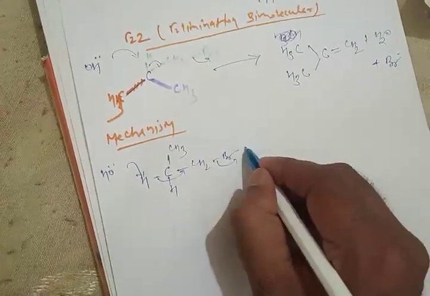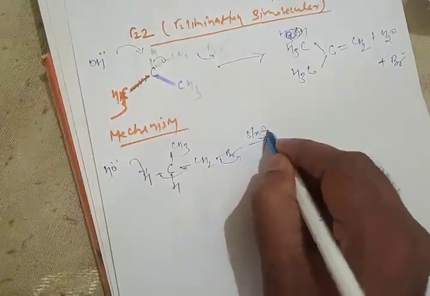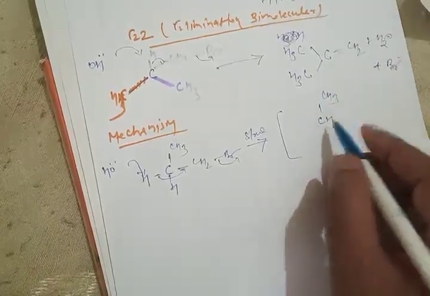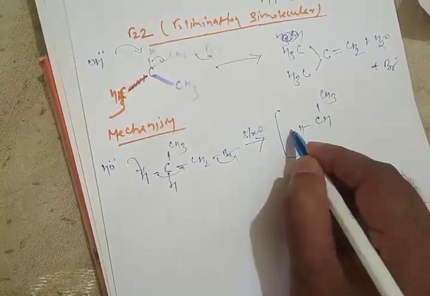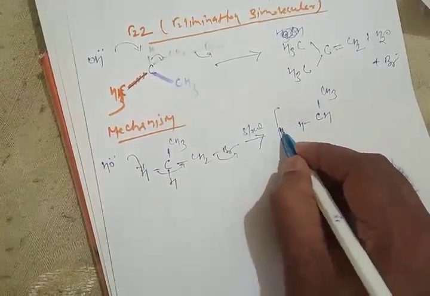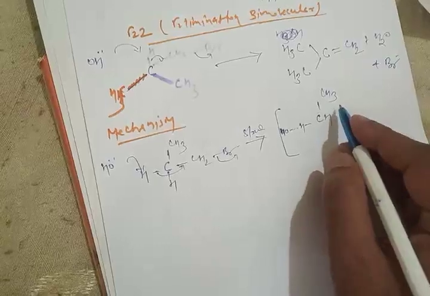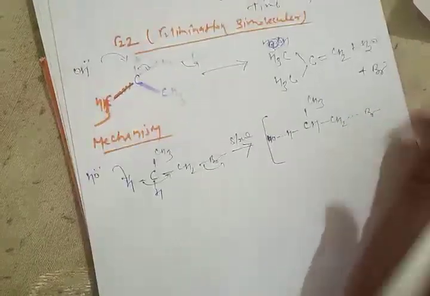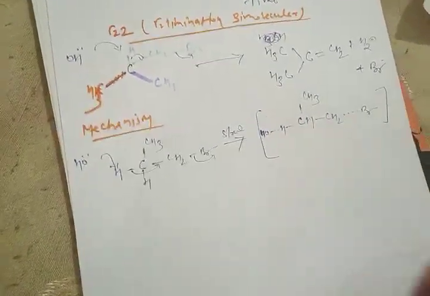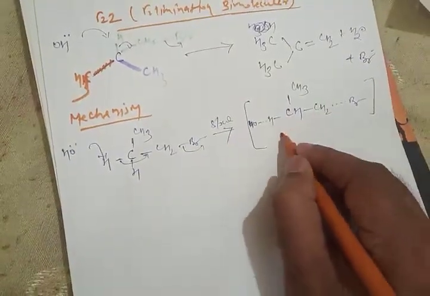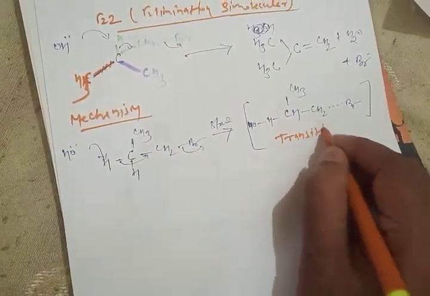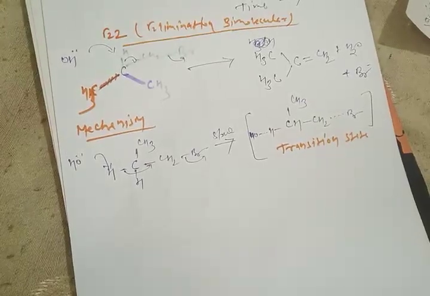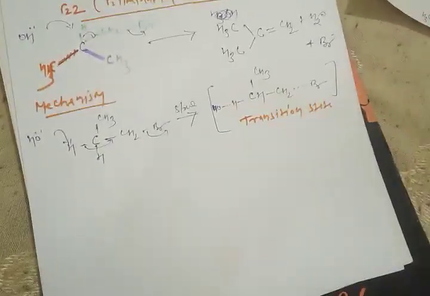This is a slow step, and this is OH. This stage is what you all know as the transition state, the state where the carbon is in a different energy state.